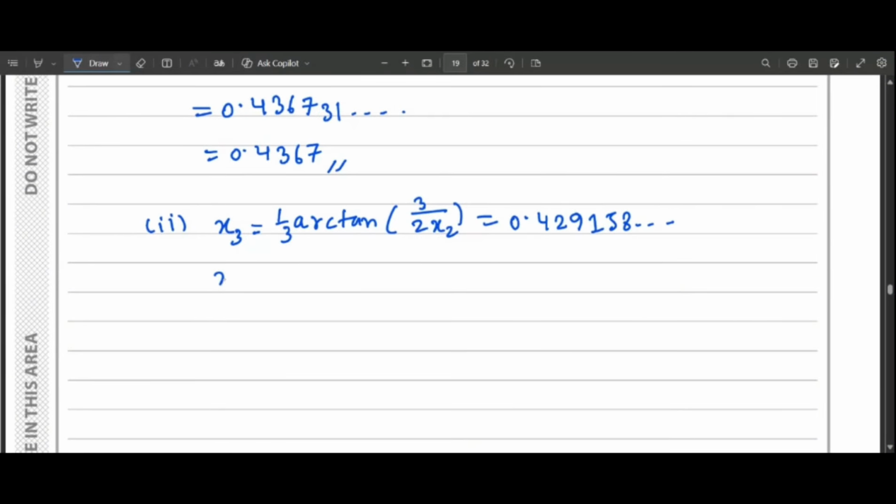Now to find x4, we will use the same formula, but instead we will input the value of x3 in this. So this will give us 0.430711 and so on, but we will keep the value up to 4 decimal places. So 0.4307 is our answer.